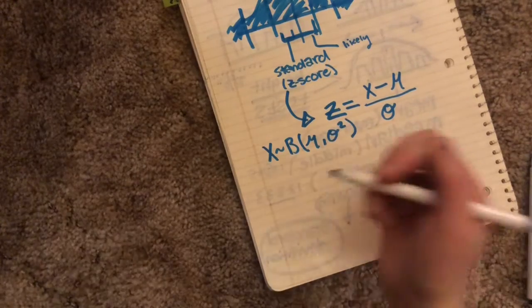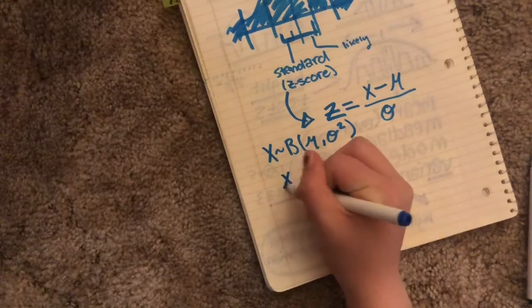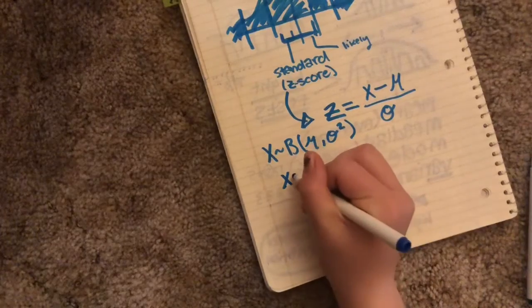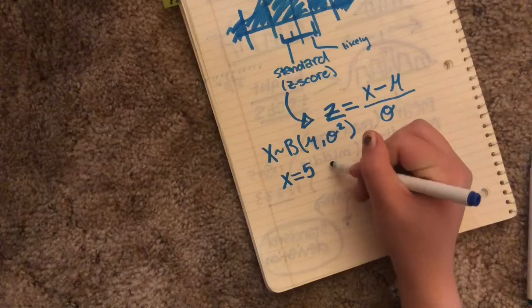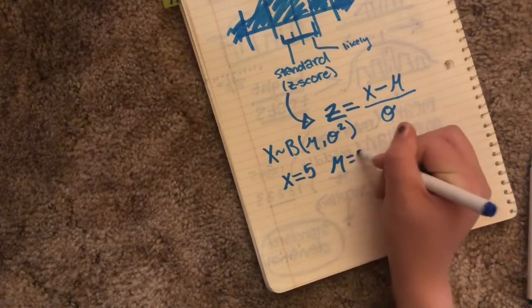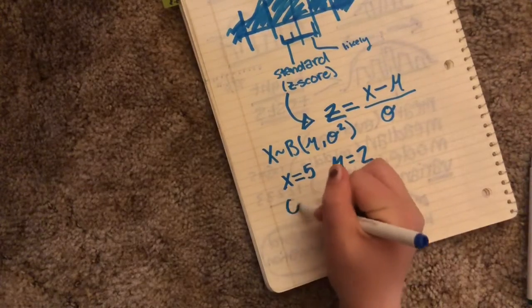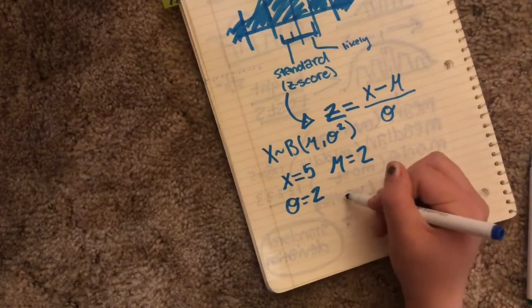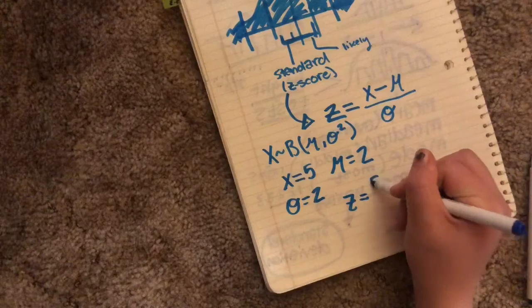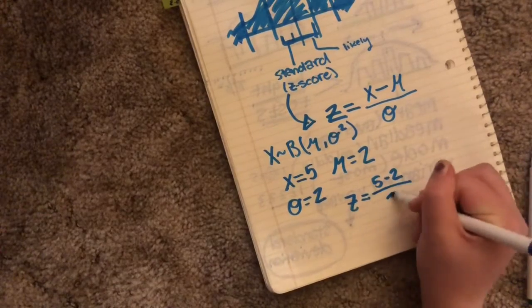If we wanted to, we could say, if it's given to us that x equals 5 and the mean equals 2 and the standard deviation equals 2, well, we could simply say then that the z-score equals 5 minus 2 over 2.